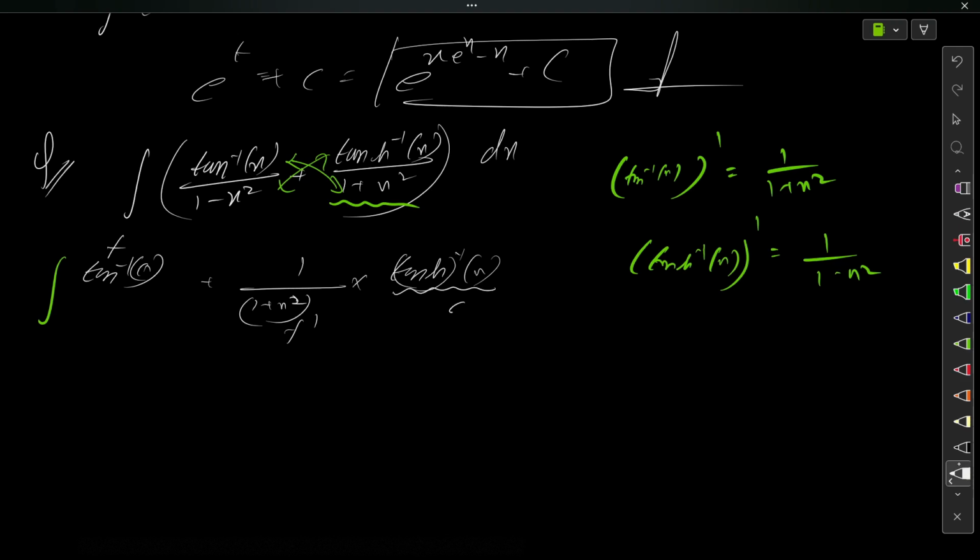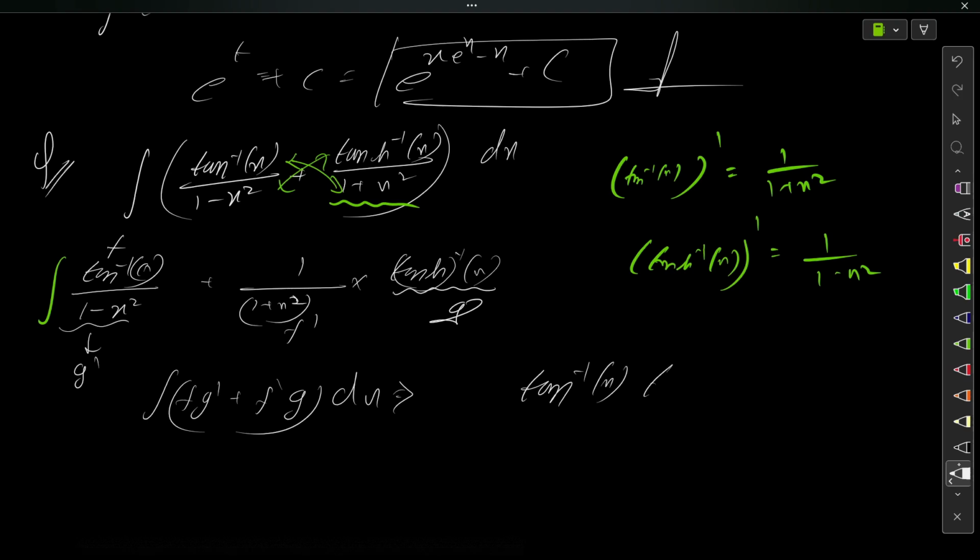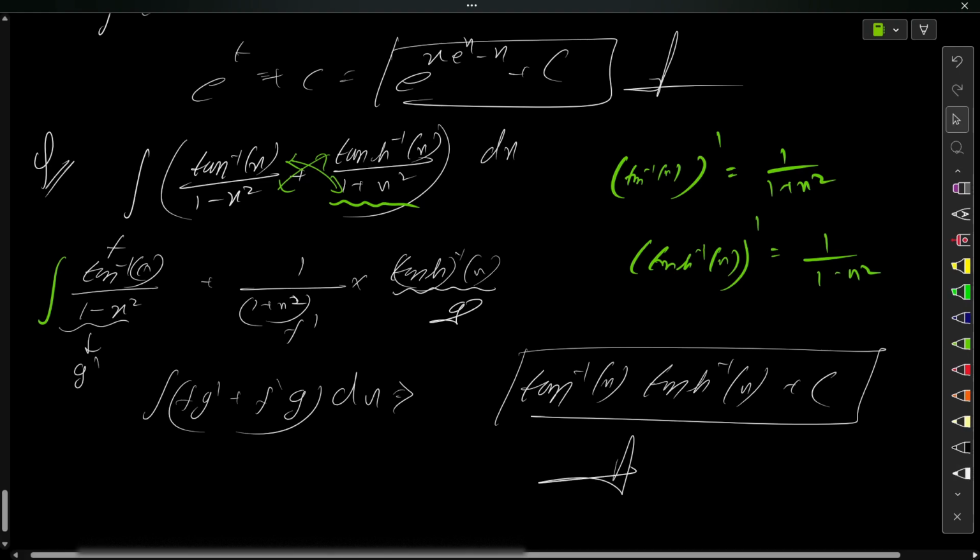If I assume this as g, then g prime would be 1 over 1 minus x square. So this is of the form f g prime plus f prime g with respect to dx. So this could be written as tan inverse of x times tan hyperbolic inverse of x plus c. And here's the answer. Next question.